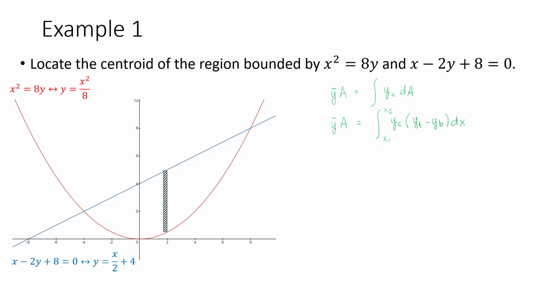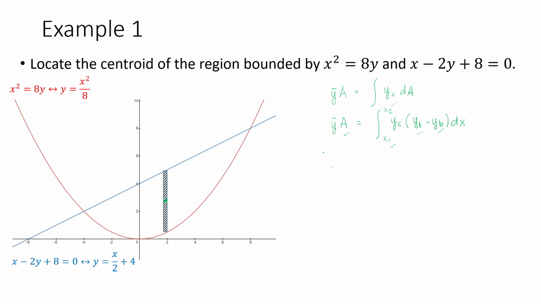So again, locate the centroid of your vertical strip. We have the value for the area, that's 36. You also have values for x sub 2, x sub 1, and for y top and y bottom. But we don't have a value for y sub c.